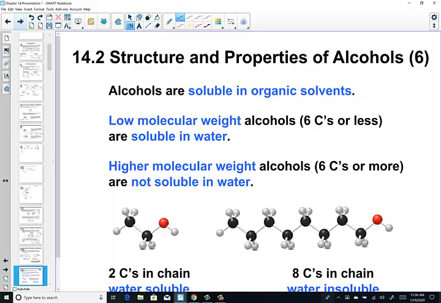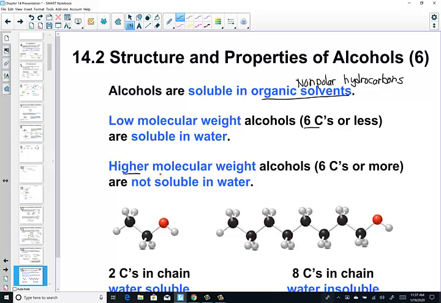Alcohols are soluble in organic solvents. Organic solvents are those non-polar hydrocarbon chains. If this alcohol has low molecular mass, like 6 carbons or less, I can get it to dissolve in water.